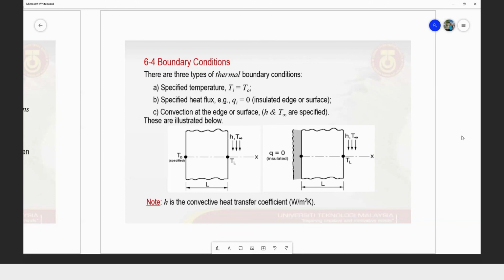All right, now let's look at the boundary condition. Actually, I would like to tell you the last two topics are the easiest topics in our finite elements course. Most of the time students will score lah, many can score full marks actually. Tapi depend on the question lah.